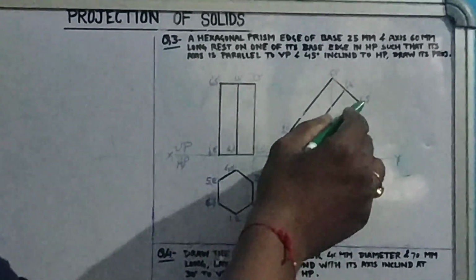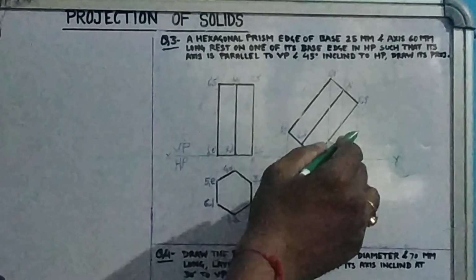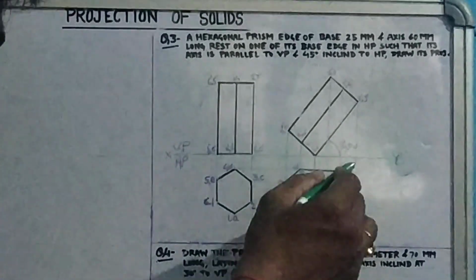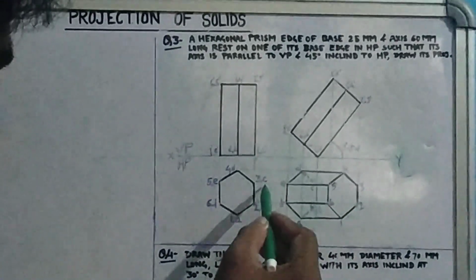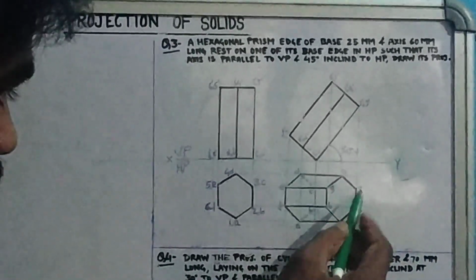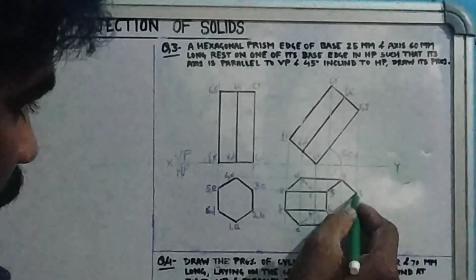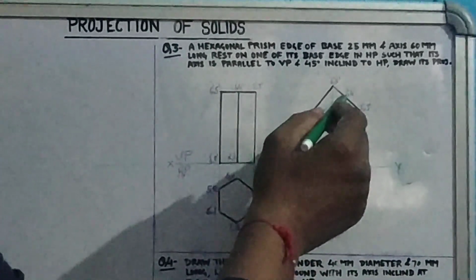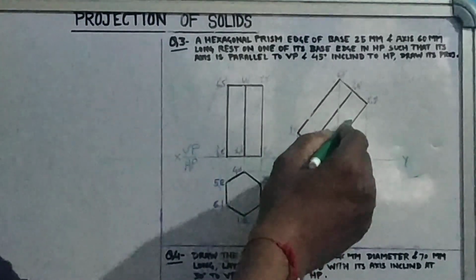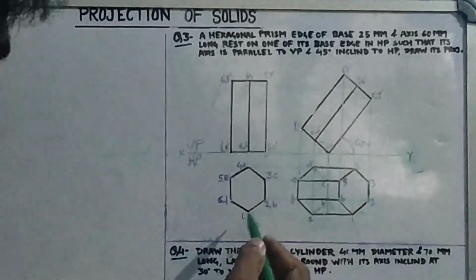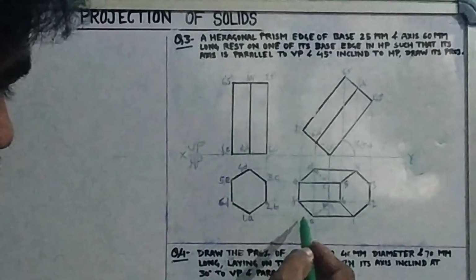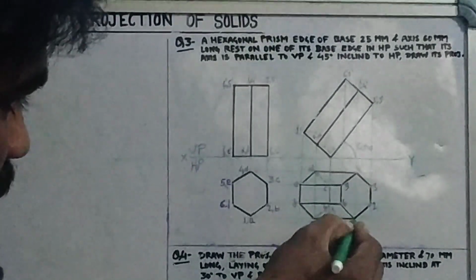Similarly, from 3, this is the vertical line of point 3, and this is the horizontal line of point 3. So this will be 3. Again, this is the vertical line of 1, and here it is the horizontal line of 1. We will find this point 1.